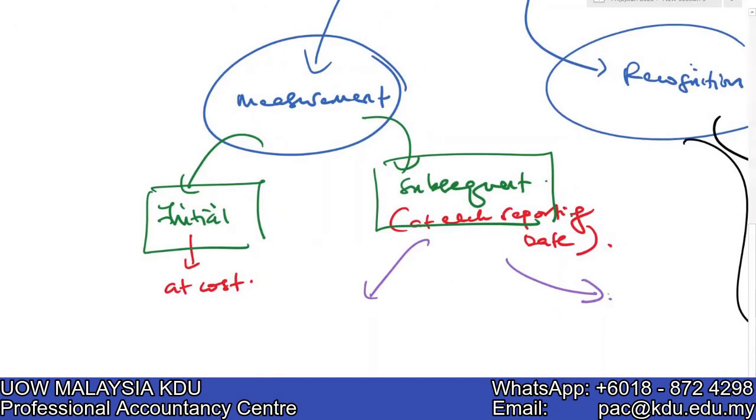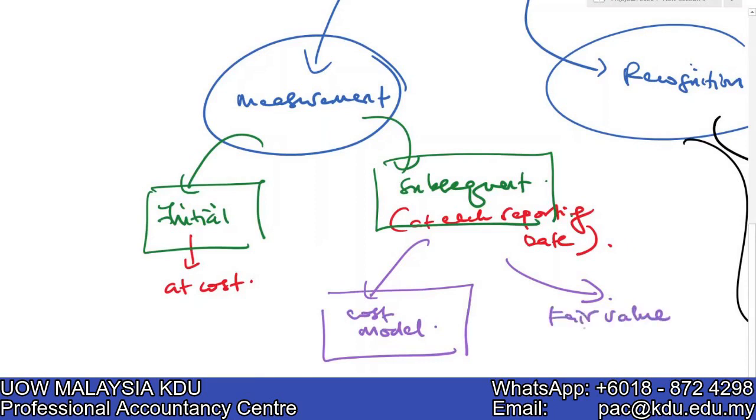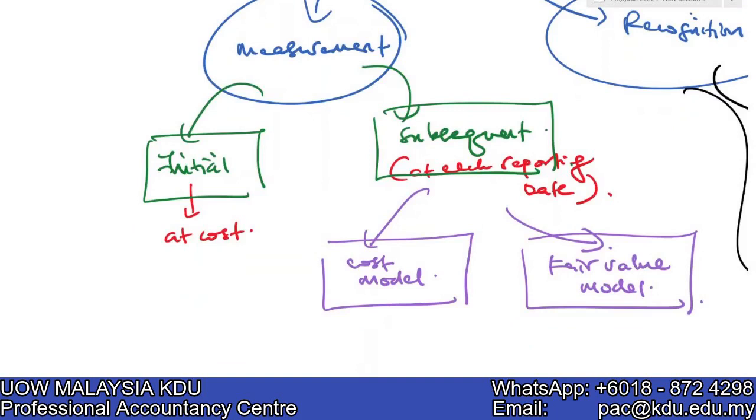Investment property also has two models for subsequent measurement: cost model or fair value model, not revaluation model. At each year end reporting date, you can use the cost model or the fair value model.